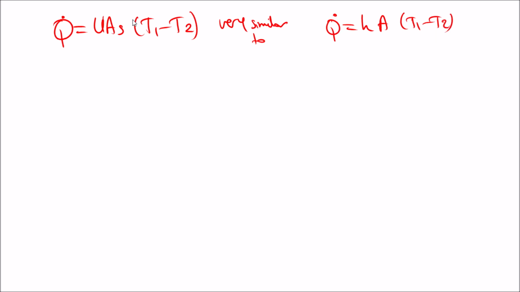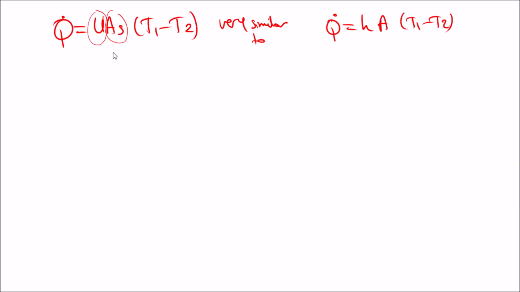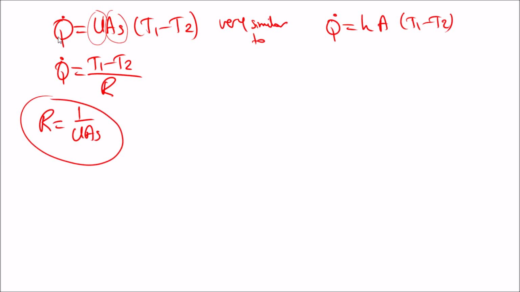So I'm introducing the U value here, and I'm introducing A_s. The A_s is any area that I've chosen, and T1 minus T2 is the difference between 1 and 2. So I will write the heat transfer as T1 minus T2 divided by the resistance. That resistance will be 1 by U A_s. This is the formula that I have introduced, and this is the resistance for my formula.